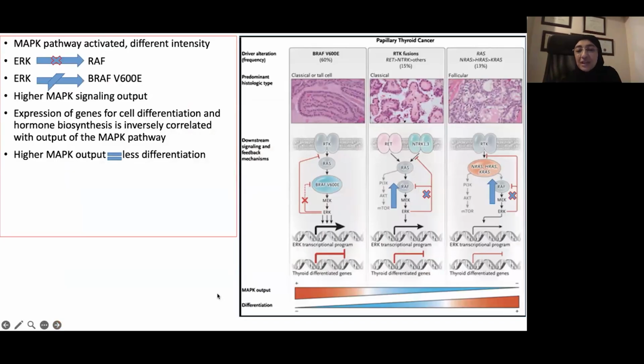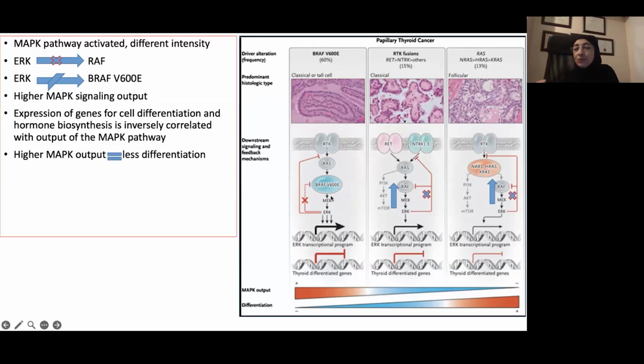Again, a new understanding in the field, particularly the field of papillary thyroid cancer. So with the MAP kinase inhibitor pathway, the expression of genes for cell differentiation and hormone biosynthesis is inversely correlated with the output of MAP kinase pathway. If you do have less output, that means less differentiation.